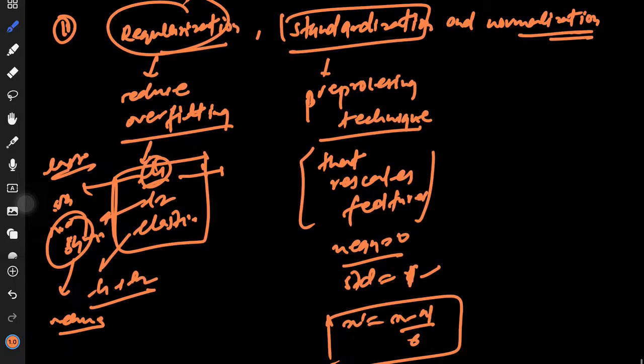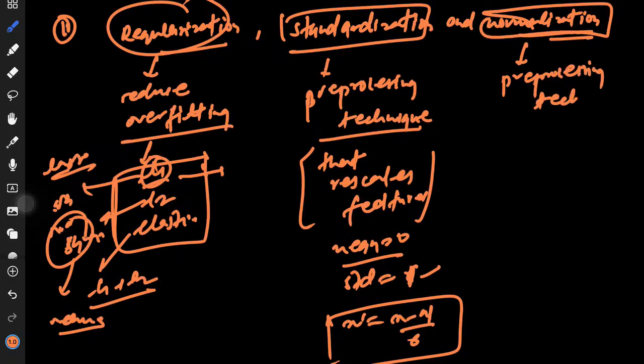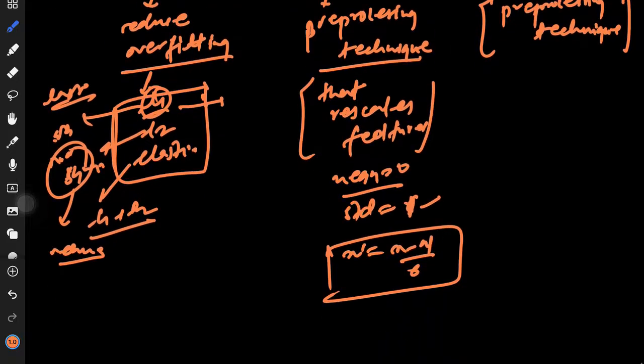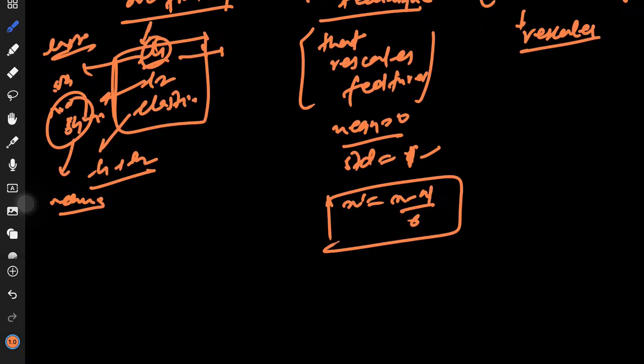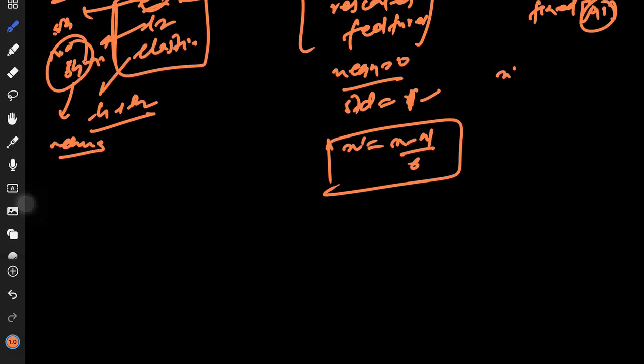Then comes the normalization technique. It is also a pre-processing technique. It also rescales, but here the range is fixed between 0 and 1.